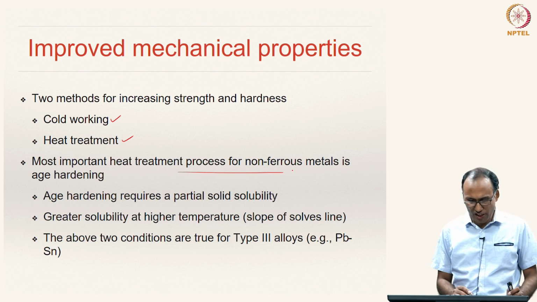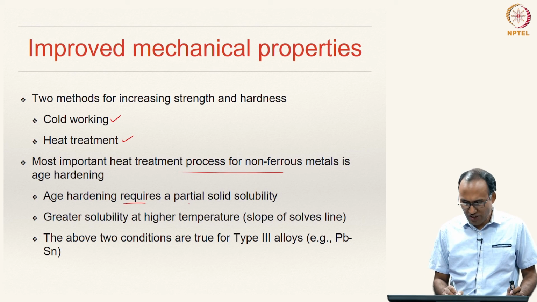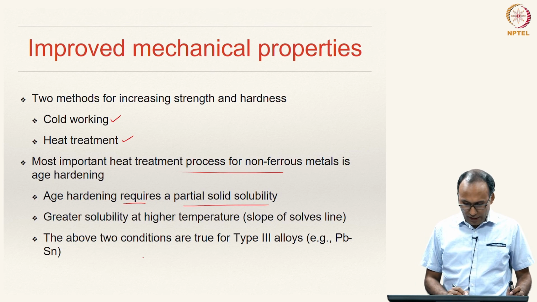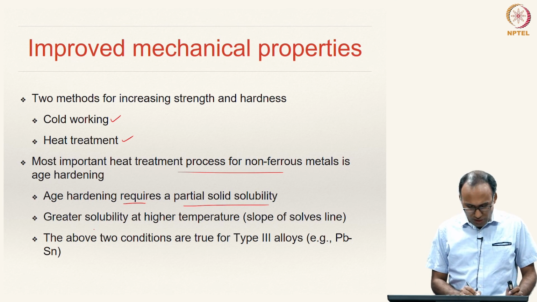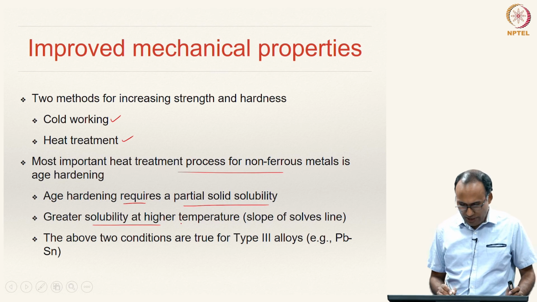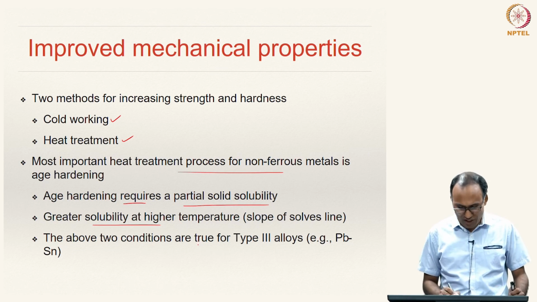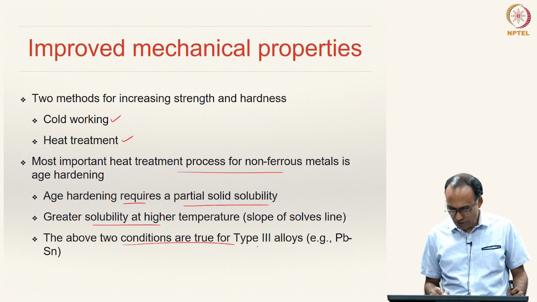Age hardening primarily requires partial solid solubility, which is the case for type 3 alloys, and it also needs greater solubility at higher temperatures, which we know. These two conditions are true for type 3 alloys, right.